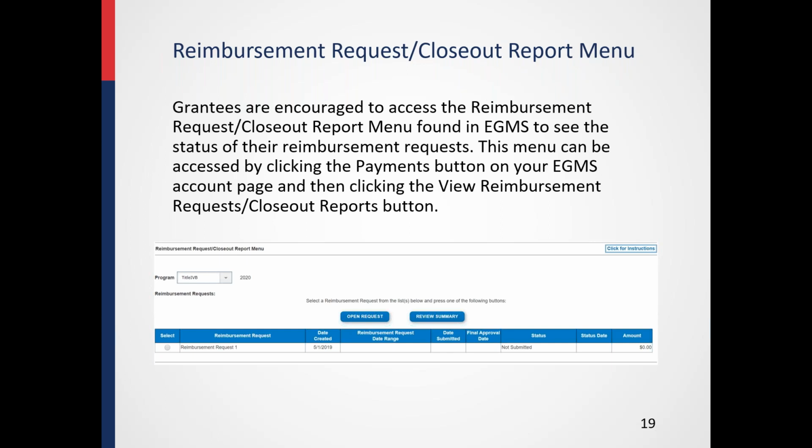This menu is found in EGMS, and it's accessed by clicking the payments button on the EGMS account page, where it shows the dashboard for your organization. And then you click the view reimbursement request closeout reports button within that, and you'll see a menu that looks like this. And this will show you each of your reimbursement requests. So you should have 4 or 5 if you're submitting quarterly, and then you should have 12 or 13 of these if you're submitting monthly.